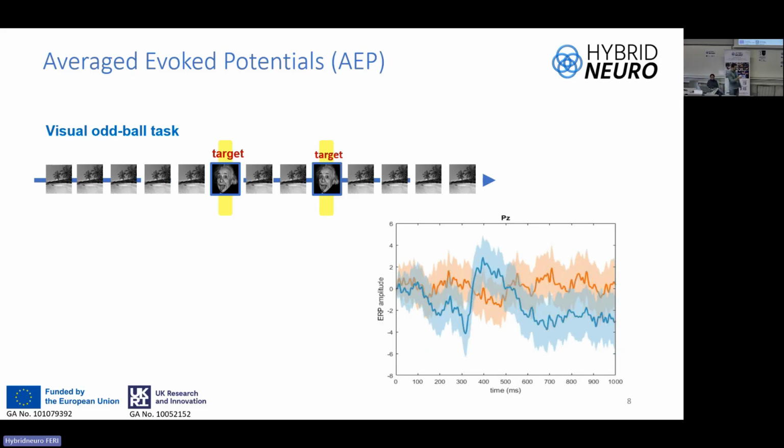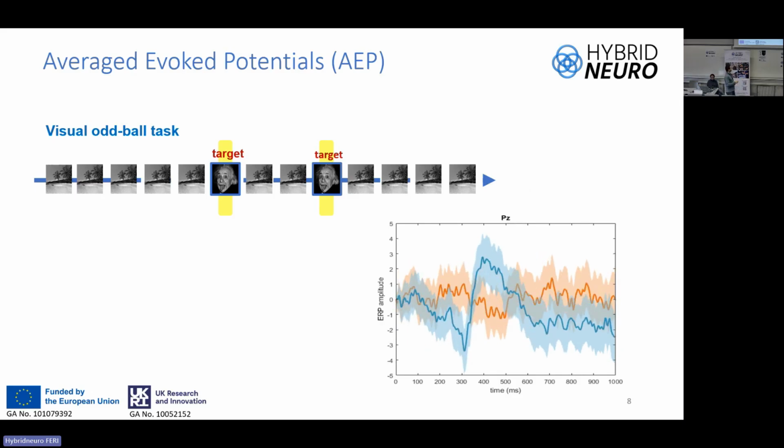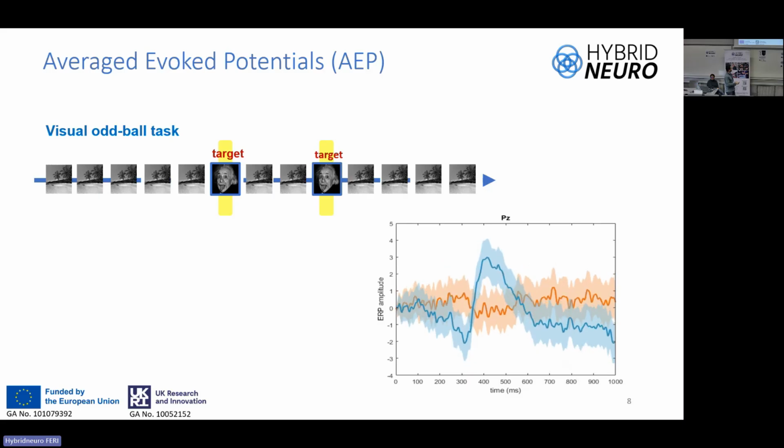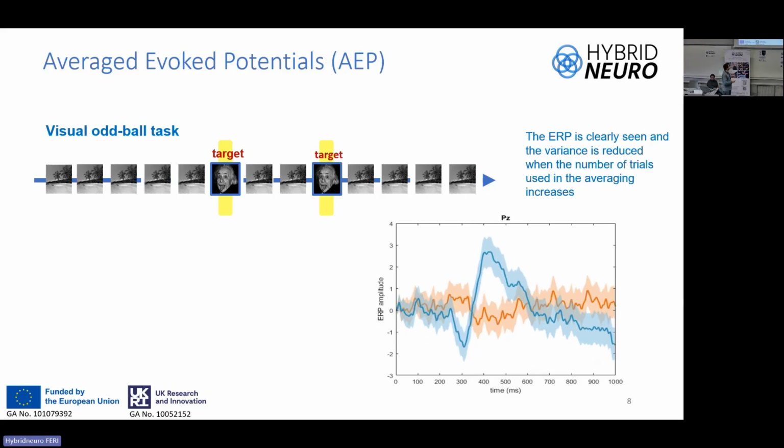This is the same idea. In this case, we have a non-target signal, and the blue one is the target signal. As we increase the number of trials in the average, the signal is more marked.